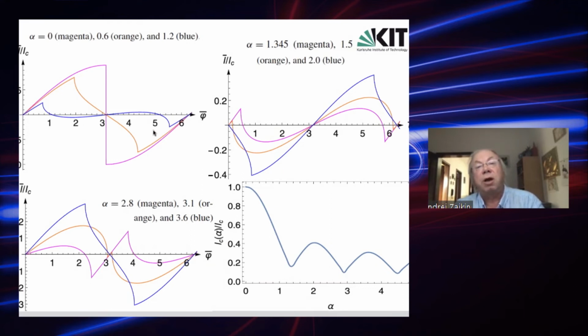It is quite interesting to follow this evolution of the current phase relation. But basically, if you look at the critical current as a function of this parameter alpha, then you see this picture.